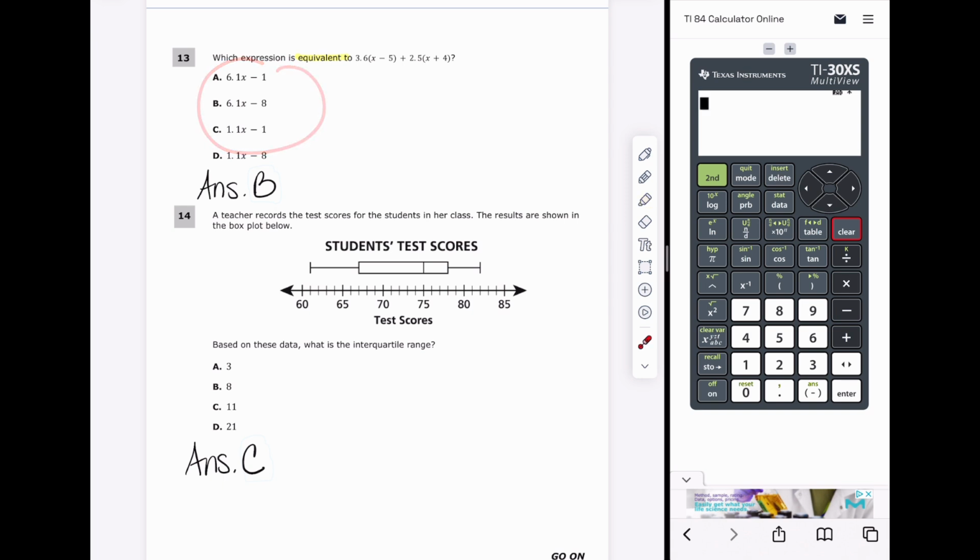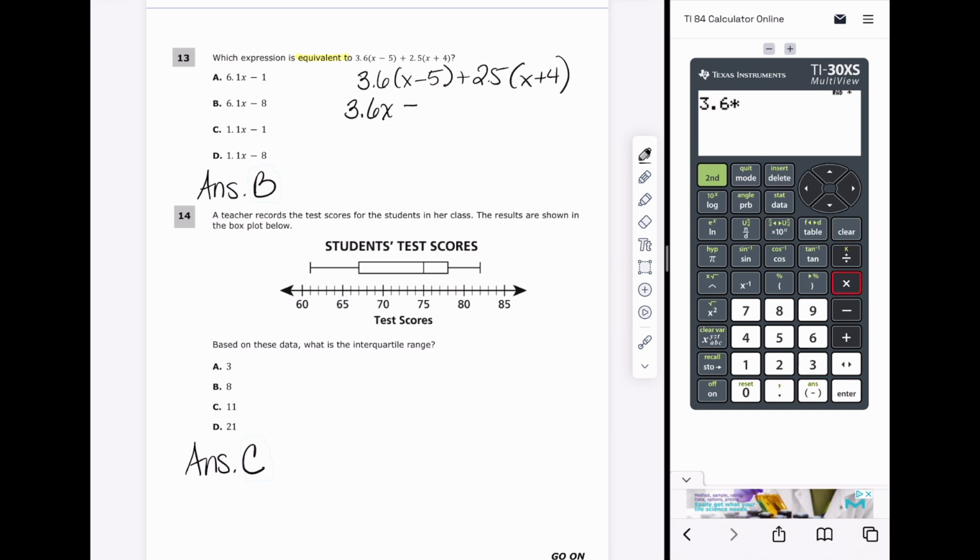And it looks like they've combined like terms to simplify it. So let's put in our expression. And I can see with both of these, I have to use the distributive property. So I'm going to multiply 3 and 6/10 times x, and 3 and 6/10 times 5.